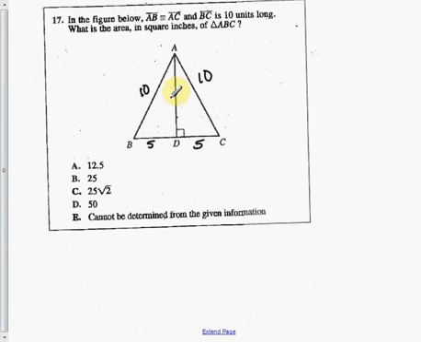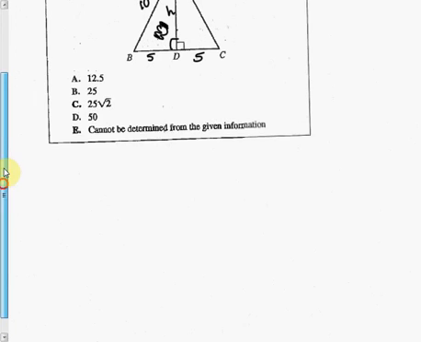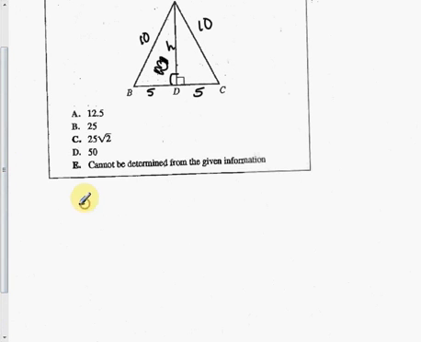If I take one of those triangles, look at this one over here, don't you see the hypotenuse or the Pythagorean Theorem? If I solve, I have 5 squared plus h squared is equal to 10 squared.